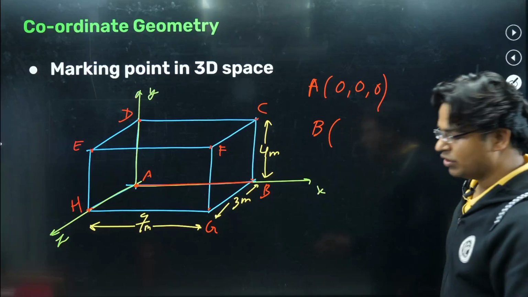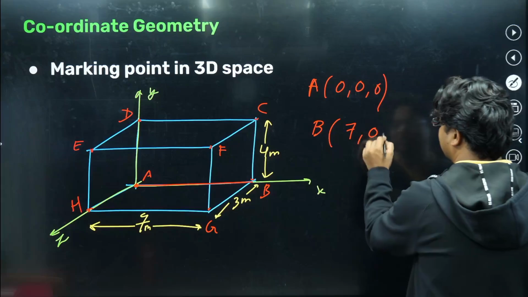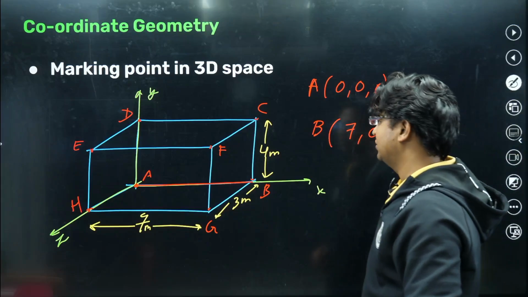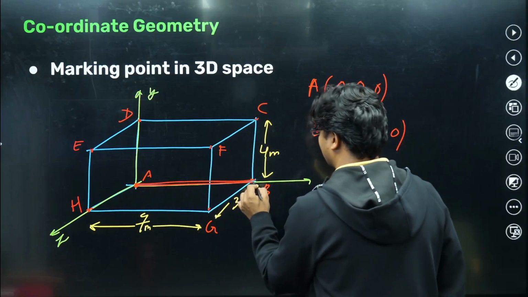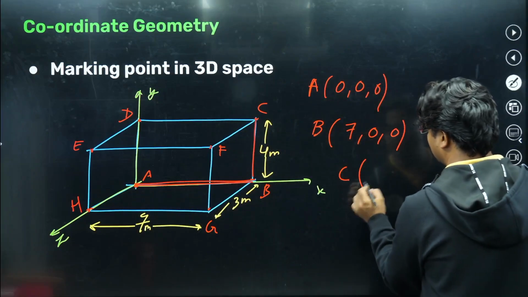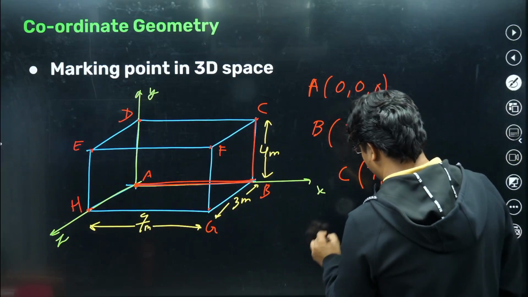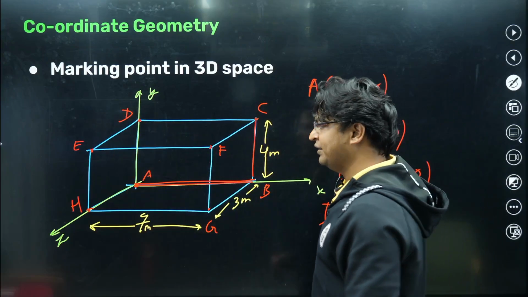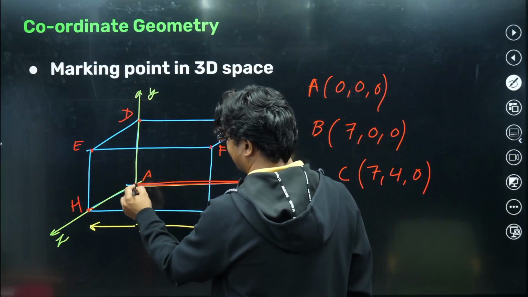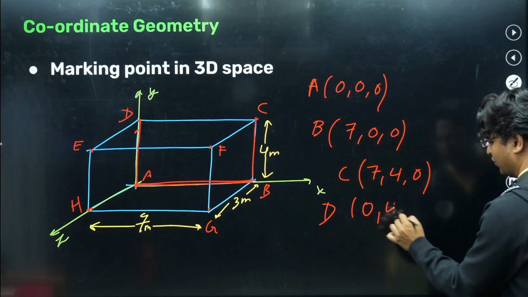I don't need to walk along y, I don't need to walk along z. So this would be 7, 0, 0. To go to C, I need to walk along x and along y. So 7, 4, 0. To go to D, I don't need to walk along x, I will walk only along y, a distance of 4. So 0, 4, 0.